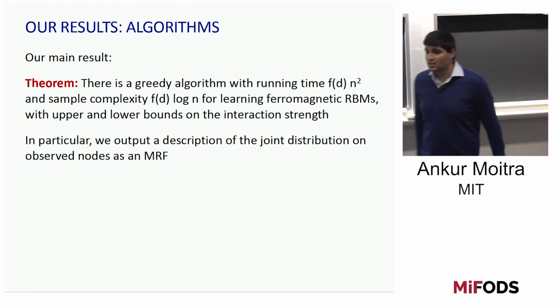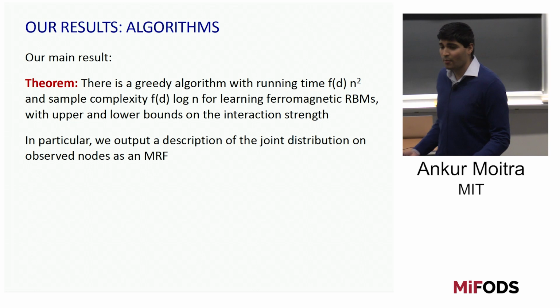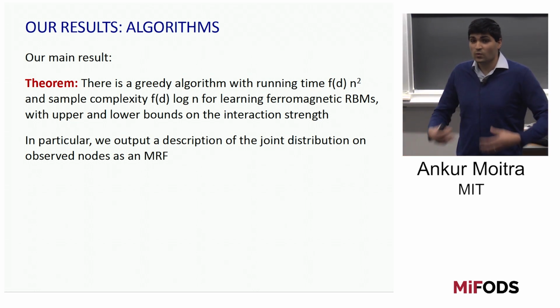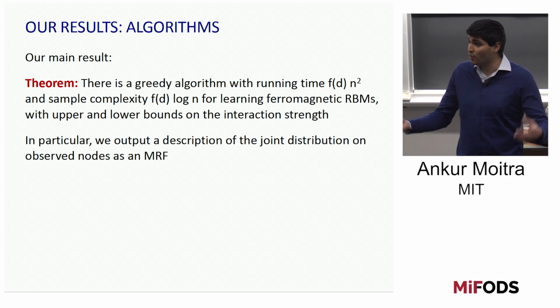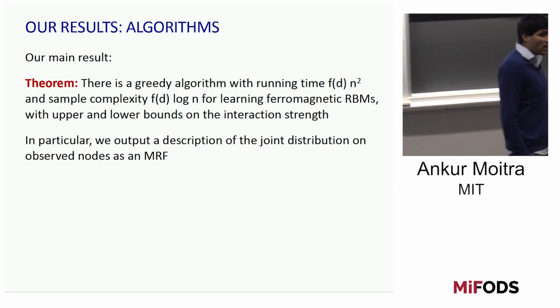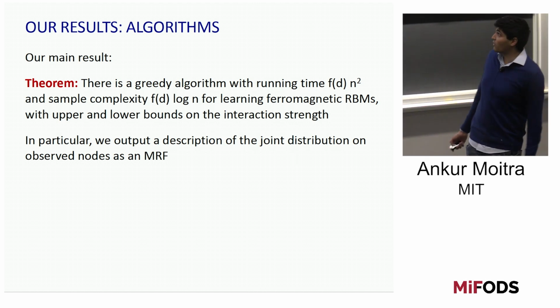But one of the neat things is that when you learn ferromagnetic RBMs, these are exactly the types of models that you can do efficient things with. Because once you have them, you can actually sample and you can perform inference. So one of the cool things is that this fits really well with all of the things you'd like to do with RBMs.